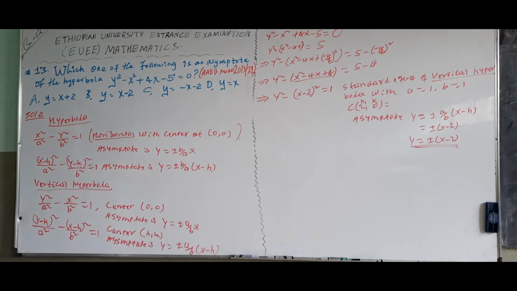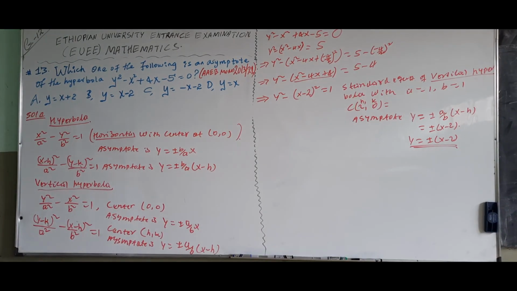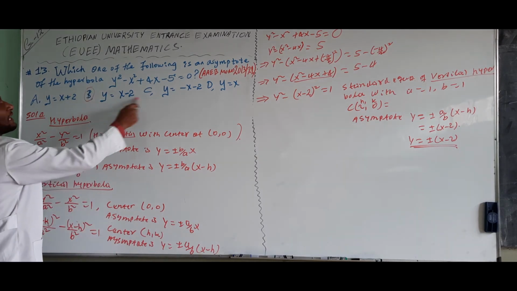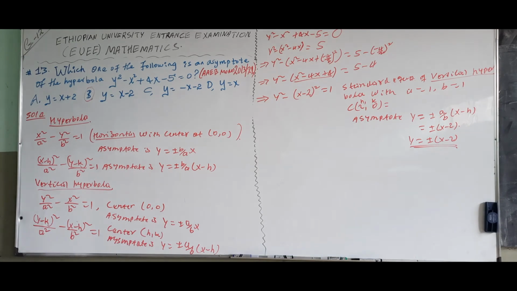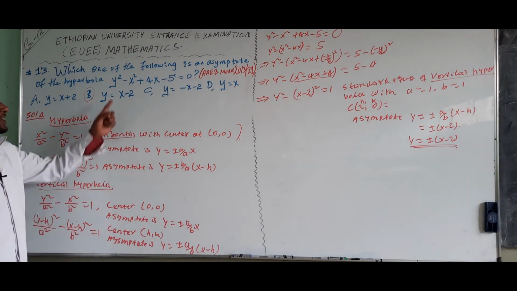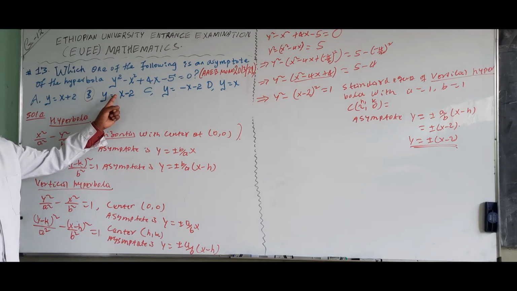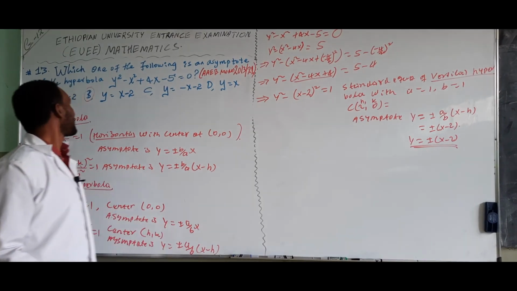Therefore, the answer is y is equal to x minus 2. This is the line which has a positive slope. Therefore, the answer is B.